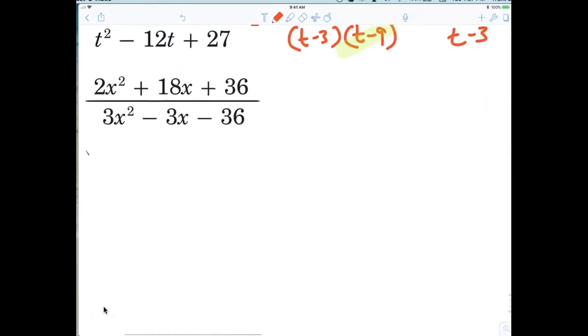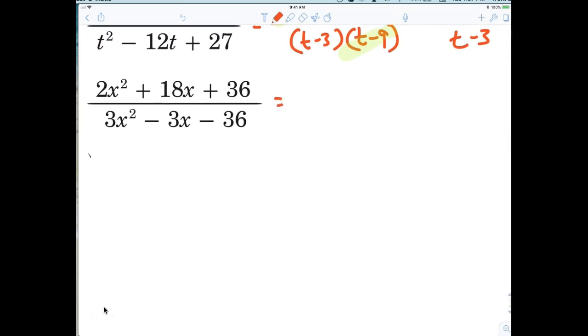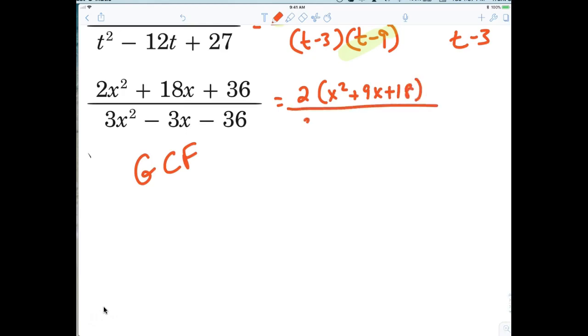All right, 2 more to go. Don't forget the what? If you don't remember the GCF, it's going to take you a lot of time. All right, so always double check. So it's 2. Now what's the numerator factor to?